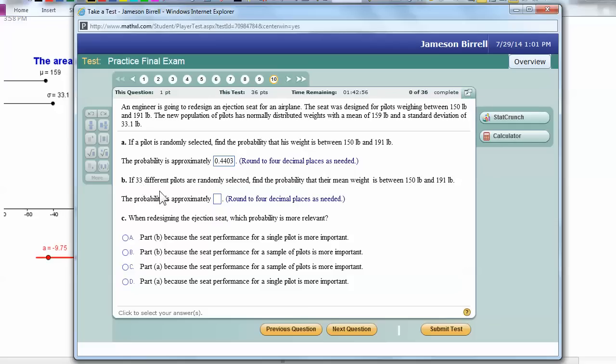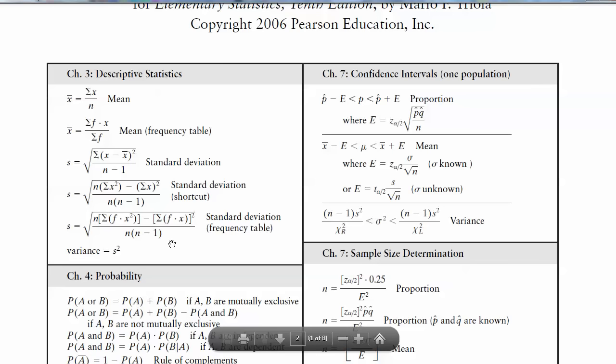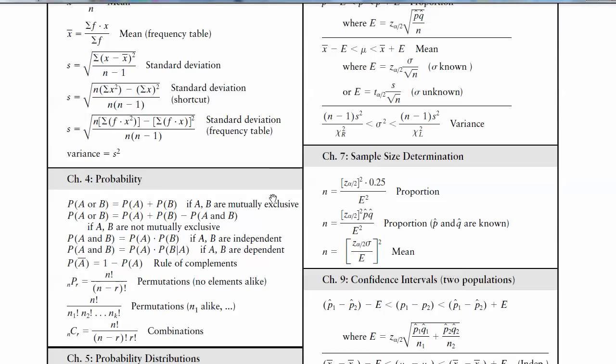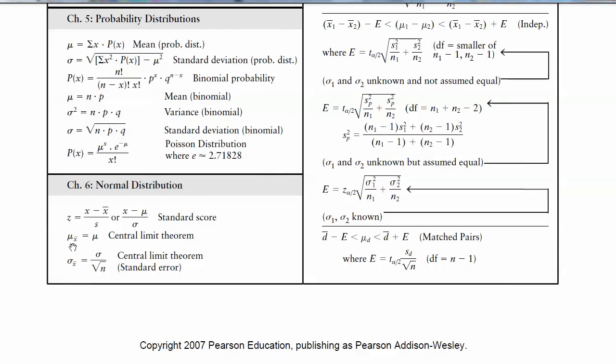Well, the central limit theorem says, and I'll take us to the sheet where it summarizes it at least. I think we learned that in chapter 6. It says that the mean of the distribution of sample means, every time you take 33 men and find out their average weight and plot that and make a whole distribution out of it, is going to be equal to the expected population mean.